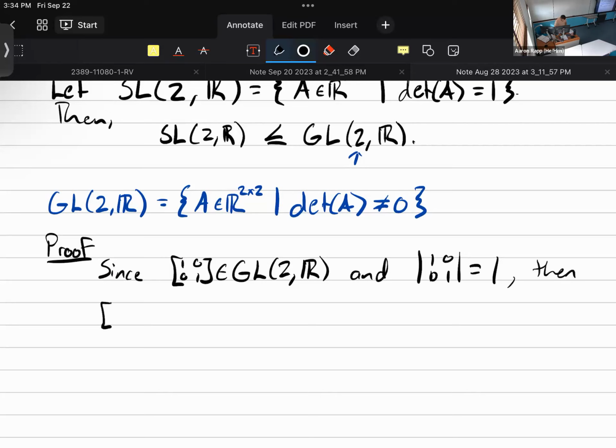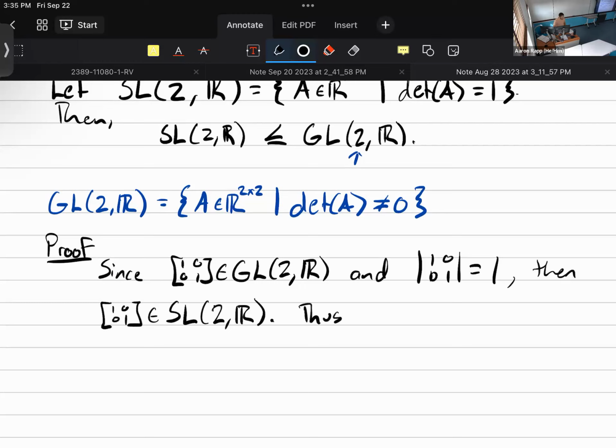Then you know that this 2x2 identity matrix is also going to be an element in what set? SL. Yeah, SL. So we know that's not empty.